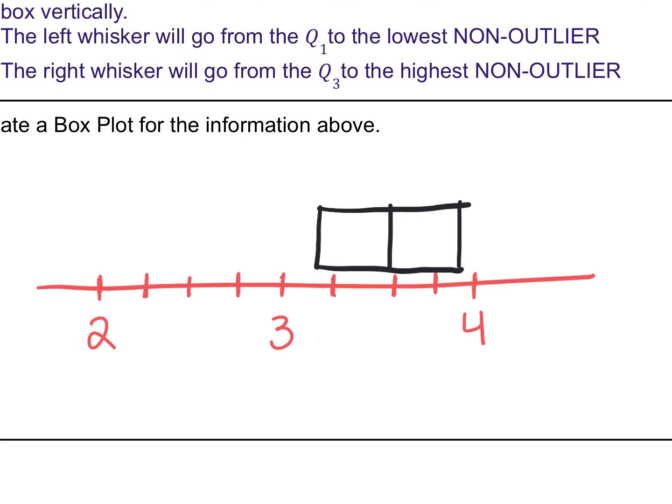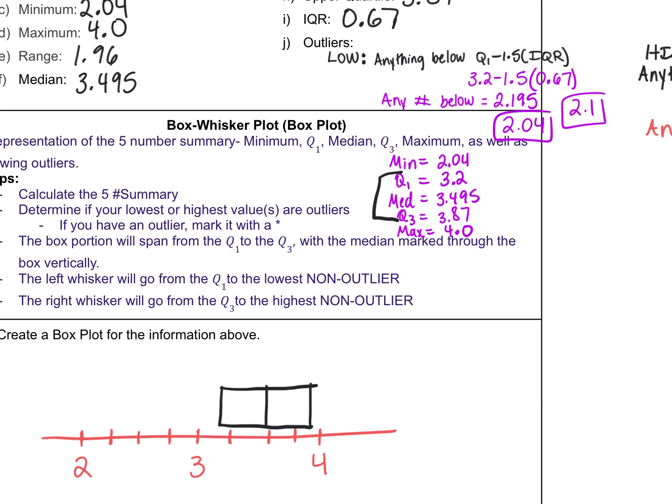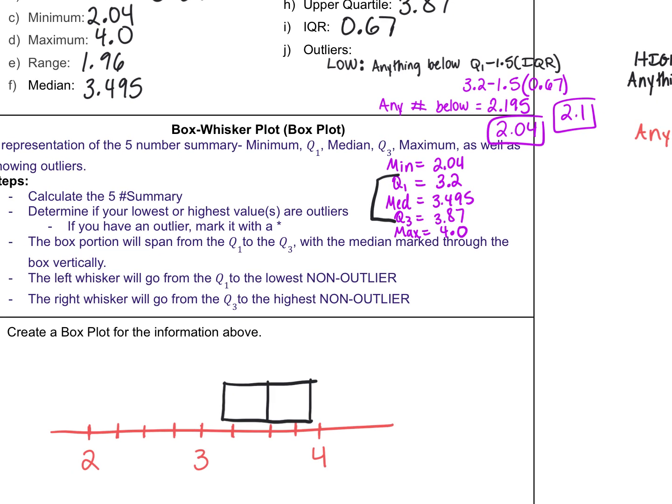Okay. Next thing we have to do is account for our outliers, because they do affect this. So, did I have outliers for this? I did. I had how many? 2, and were they low or high? They were both low. So I'm going to put those on my number line, and I'm just going to draw those as teeny tiny little stars. You could make them dots or whatever you want to do.